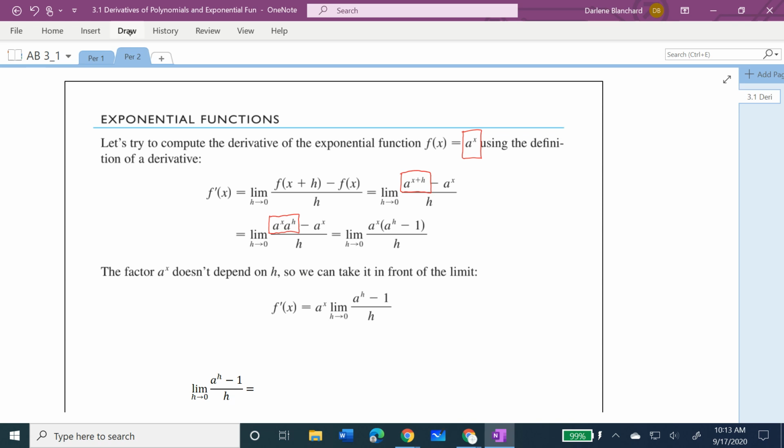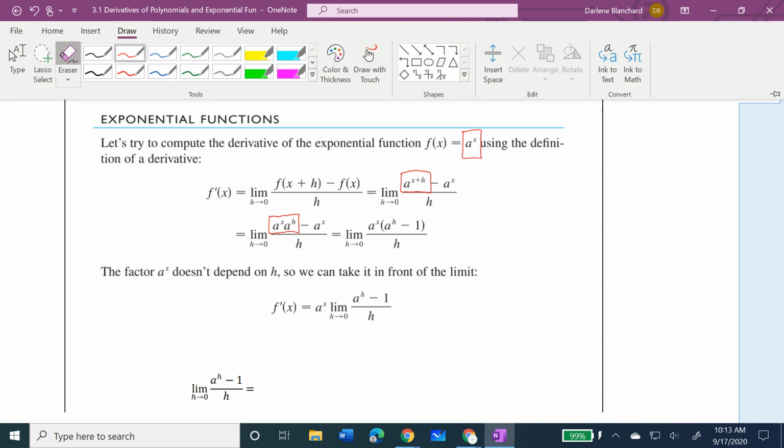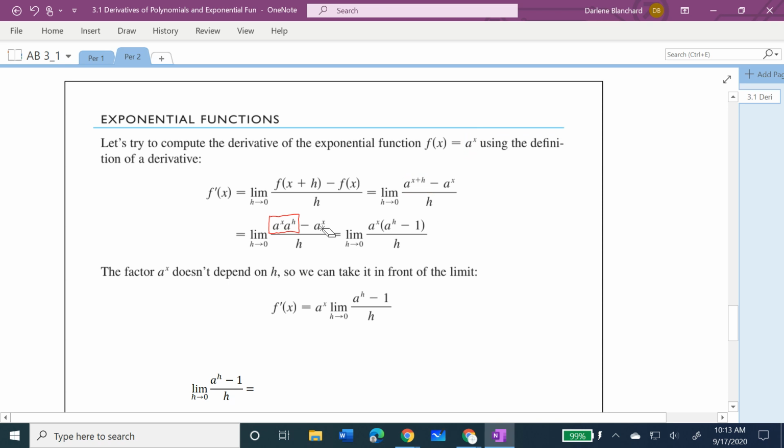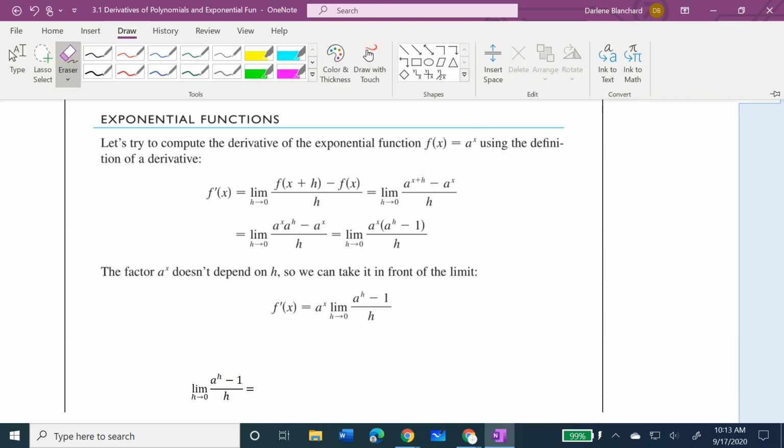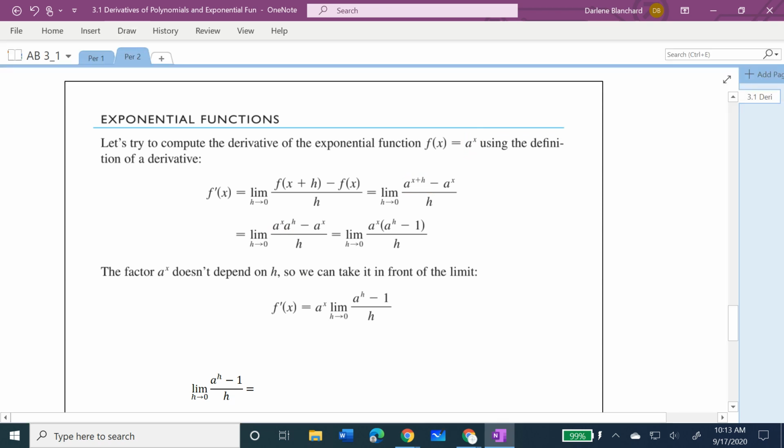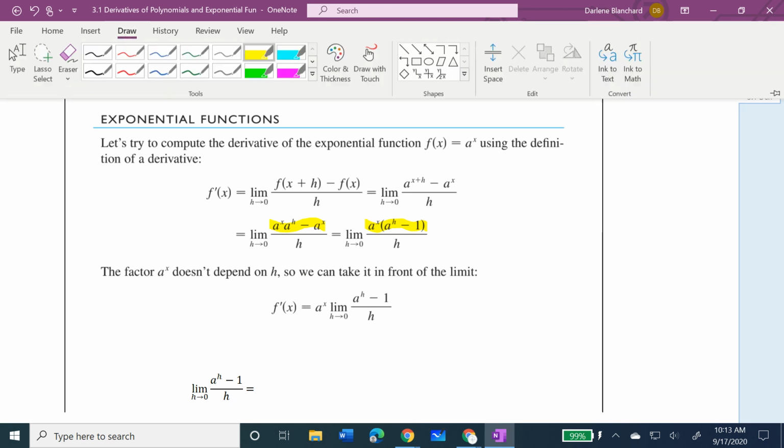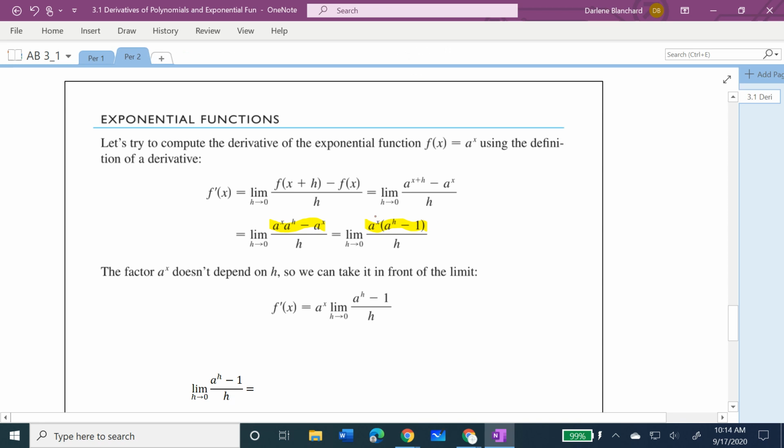And then I'm going to erase those emphases. And now I want you to take a look at these two that I just highlighted, and notice that it just is factoring a to the x out of the numerator. But a to the x does not have the letter h.